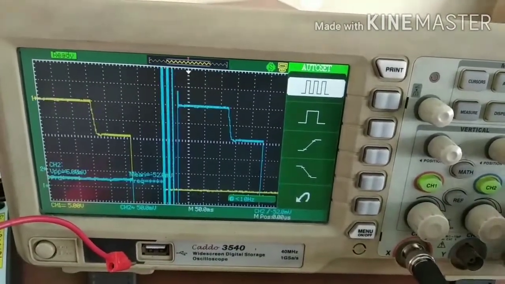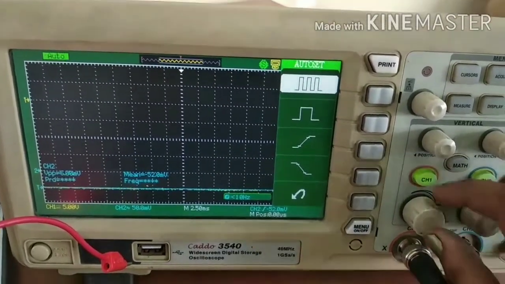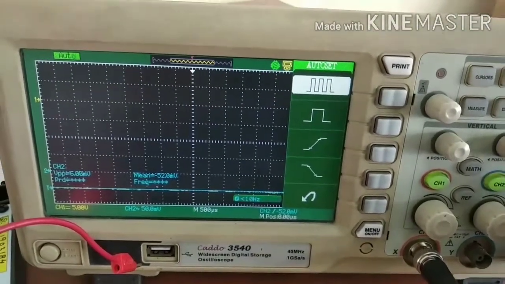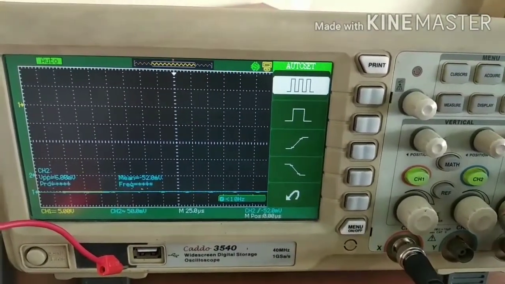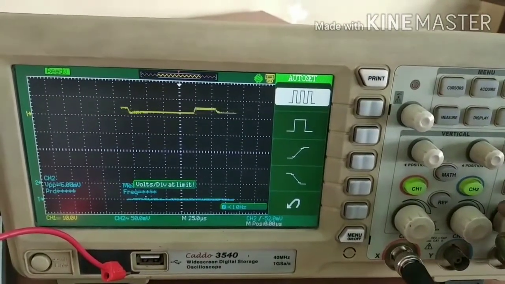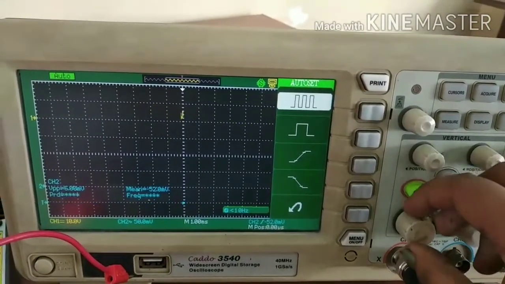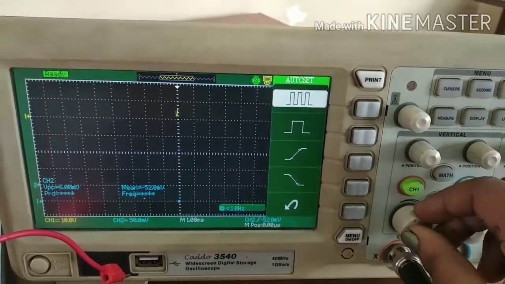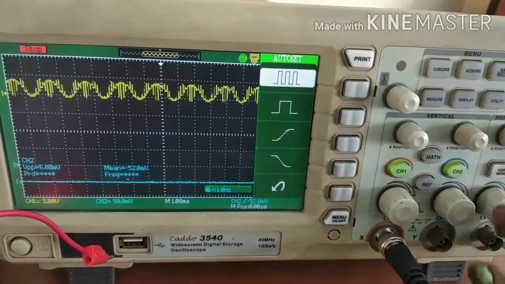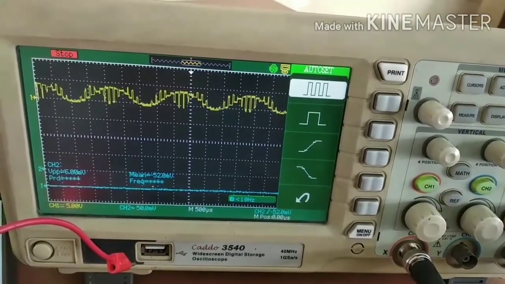Then we need some adjustment by moving the x-axis and y-axis of the DSO. Okay, this is our desired signal.